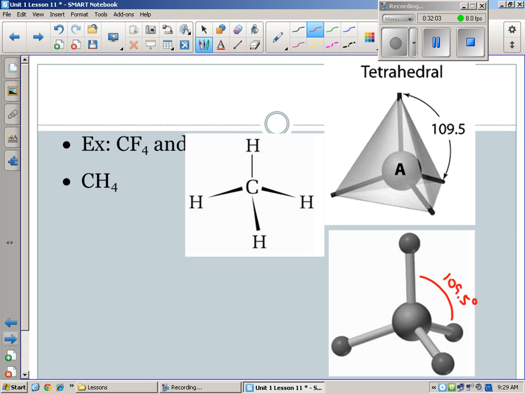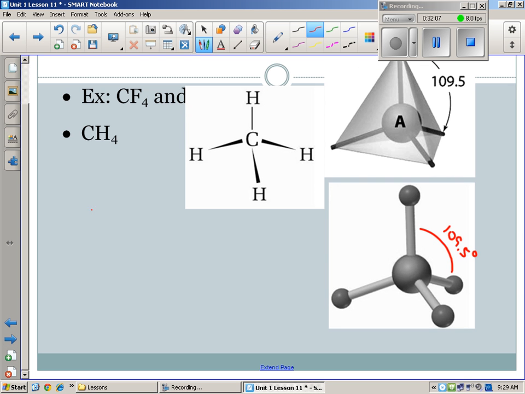CF4 and CH4 are 2 very simple examples. So we would draw CF4 like that. This is what we would call tetrahedral.